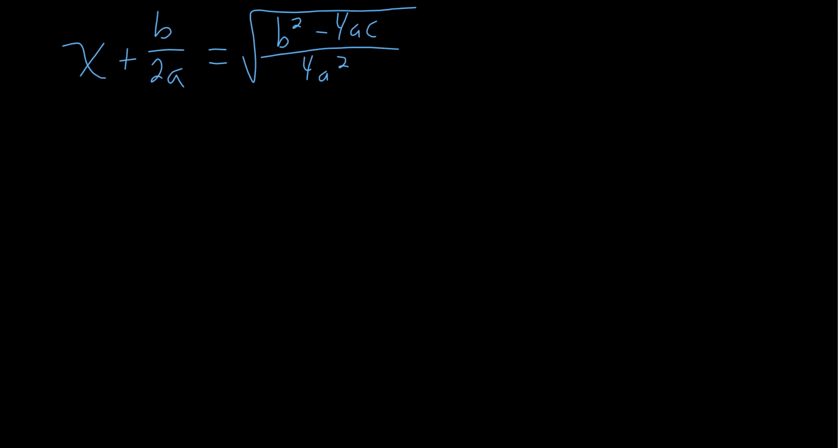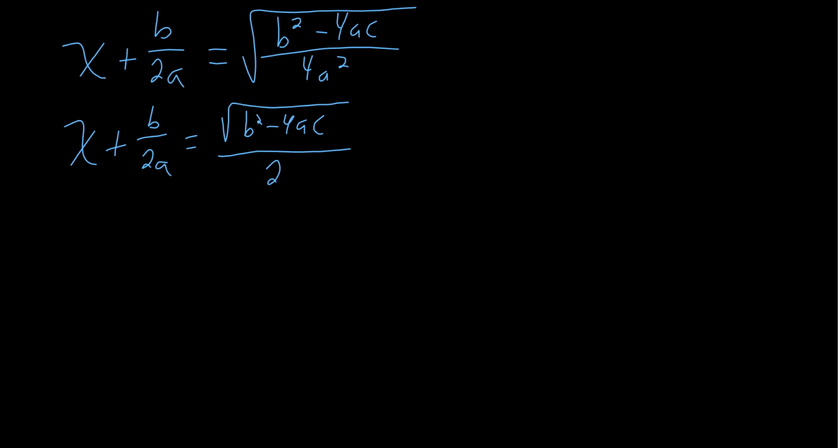Okay, so now I can write this as x plus b over 2a is equal to the square root of b squared minus 4ac all over, and then again, the square root of 4a squared is simply 2a.